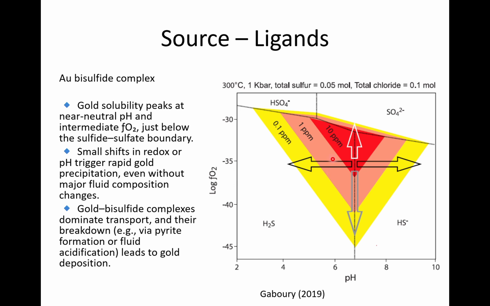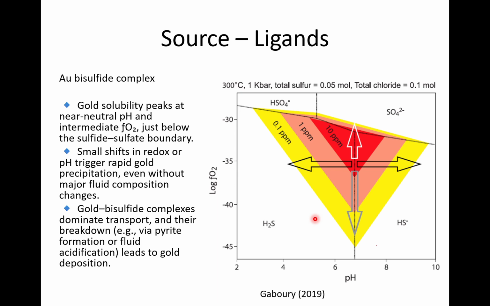So the implication for gold precipitation from this diagram is that it explains why orogenic gold deposits often form when fluids acidify, for example, by losing carbon dioxide during fluid immiscibility, or oxidize or reduce, for example, through mixing with other fluids or fluid-rock interaction.